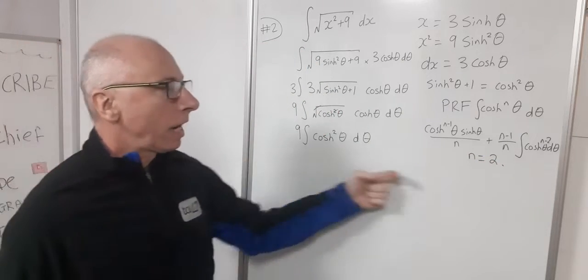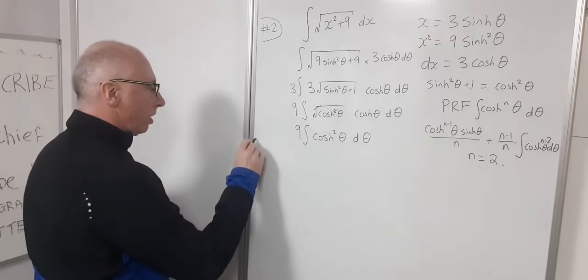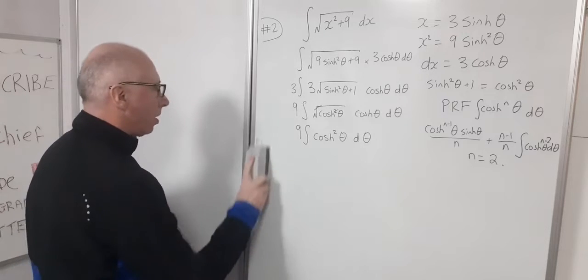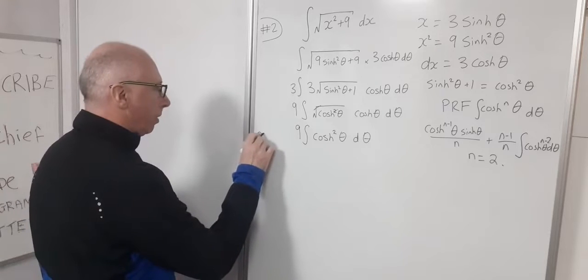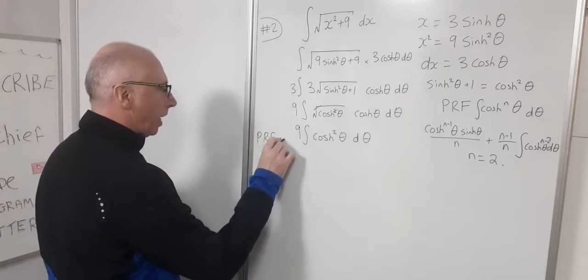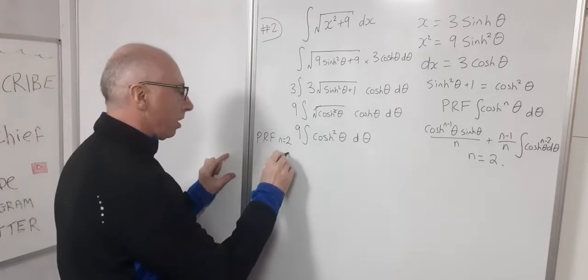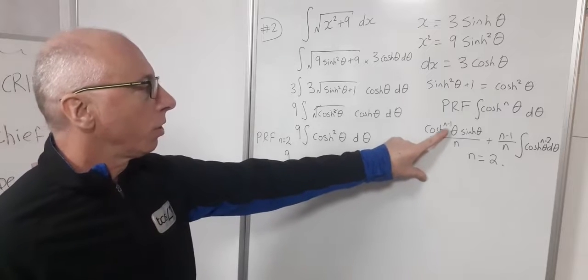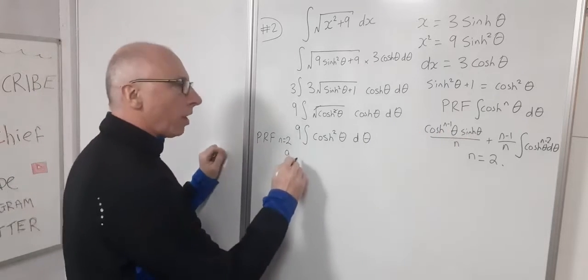So all I need to do now is plug in my power reduction formula for n equals 2. I've now got 9 times this, so with n equals 2, I've just got cosh theta sinh theta.